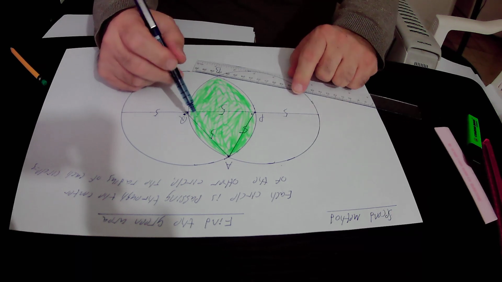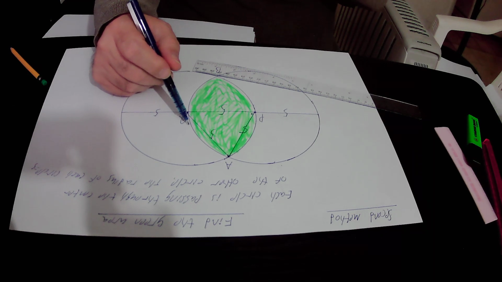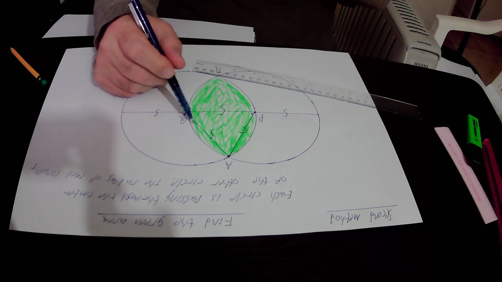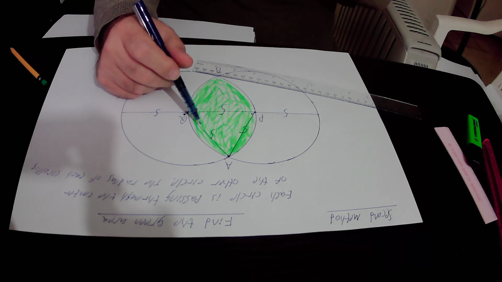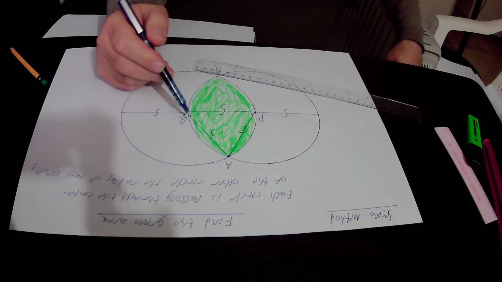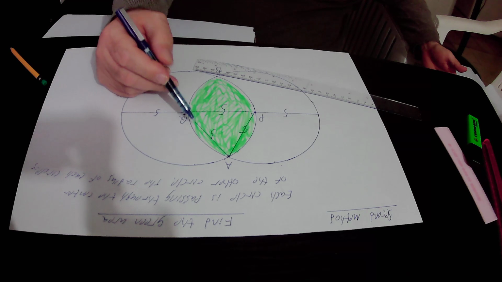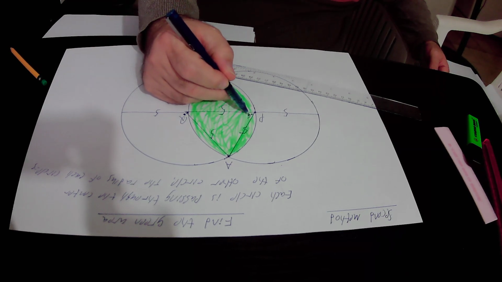And here, when we have an equilateral triangle, that is to say, here, triangle APQ is an equilateral triangle, all its angles will be equal to 60 degrees.